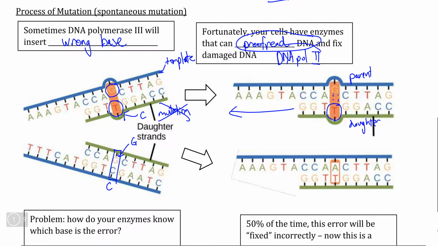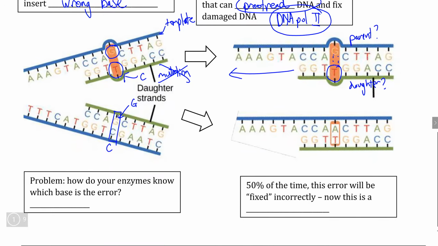But if you are a DNA polymerase molecule, all that you can see is that there is a replication error that has occurred here because of irregularity in hydrogen bonding. There is no way for you to identify what the parent strand is and what the daughter strand is, and therefore 50% of the time this mutation will be fixed correctly.